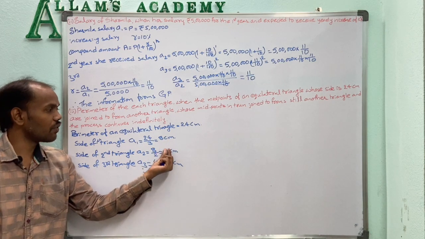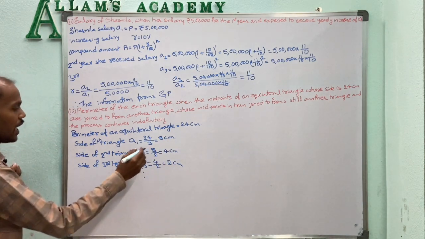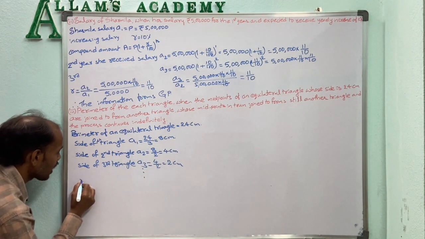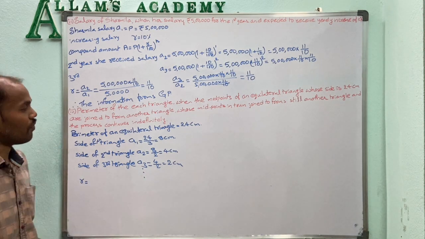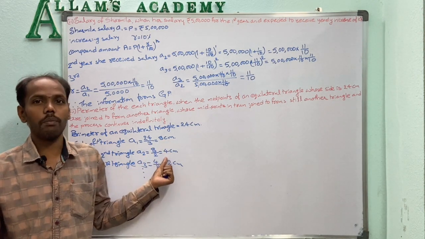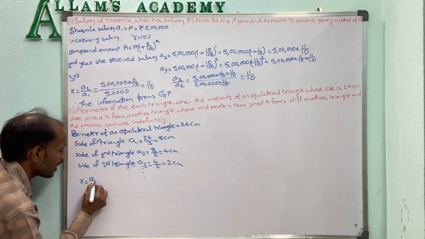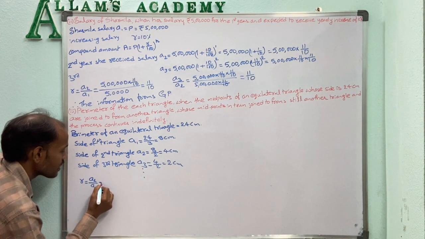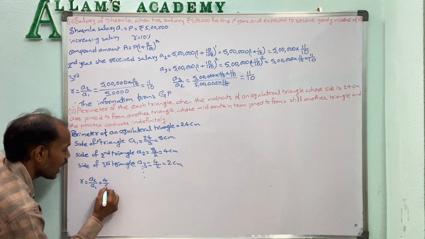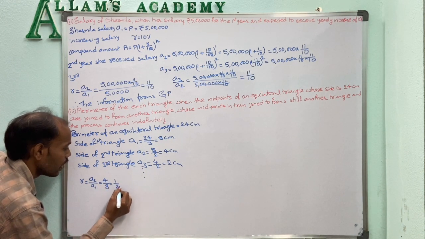Now if we observe this information, 8, 4, 2, we find the common ratio. Why? To check whether they are in geometric progression or not. So R is equal to A2 by A1, that is equal to 4 by 8, which is 1 by 2.